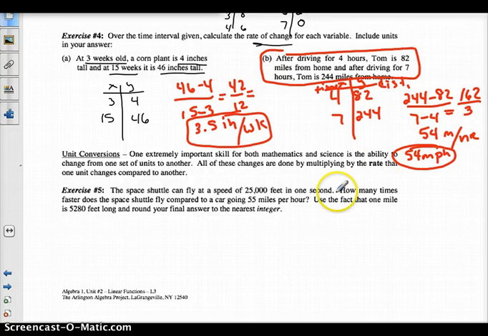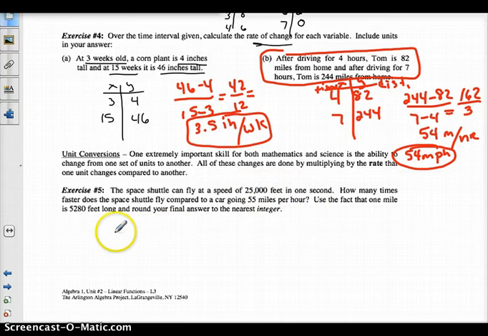So, unit conversions. One extremely important skill for both mathematics and science is the ability to change from one set of units to another. All of these changes are done by multiplying by the rate that one unit changes compared to another. So in this case, the space shuttle can fly at a speed of 25,000 feet in 1 second. How many times faster does the space shuttle fly compared to a car going 55 miles per hour?